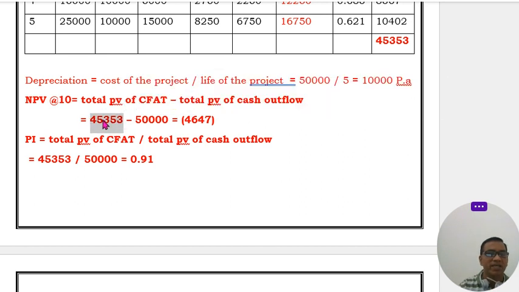If you want to increase the value, you have to decrease the rate. Decreasing the rate means less than 10%. You have to try at less than 10%. Less than 10% means you can go with 9%, 8%, 7%, any percentage, any discount factor, any rate of return below 10% you can try.